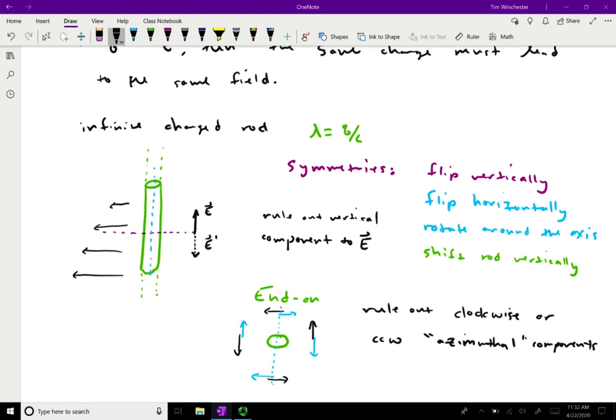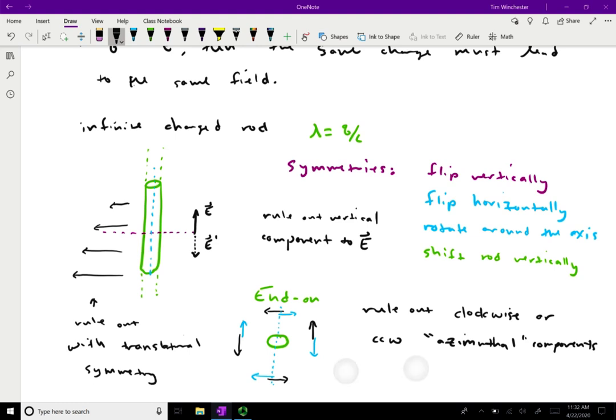Okay, so we can rule this out with the translational symmetry. Now we know exactly what the electric field is going to look like. It's always going to point radially away from the rod at every point near the rod.